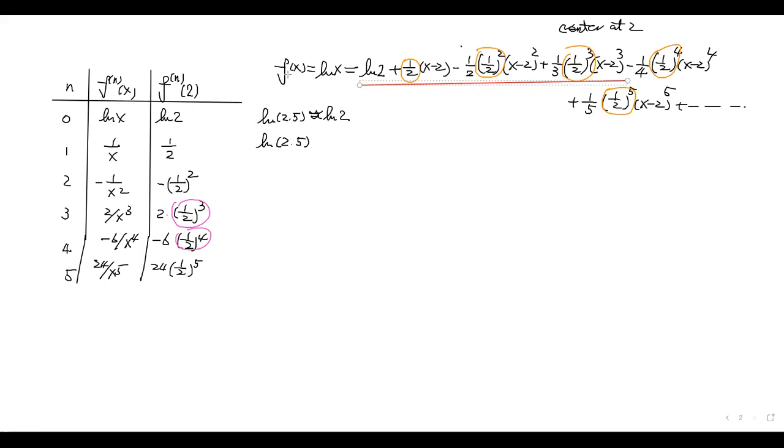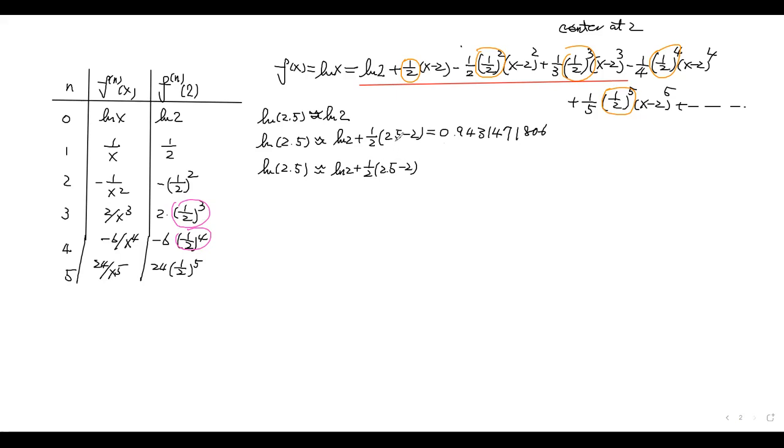Okay, so the next one will just be the natural log 2 plus 1/2 times x, where x is 2.5 minus 2. So this one here will give you 0.9431471806. All right, so the next one for 2.5 will just be the natural log 2 plus 1/2 times 2.5 minus 2.